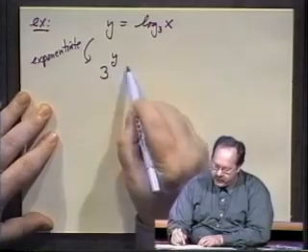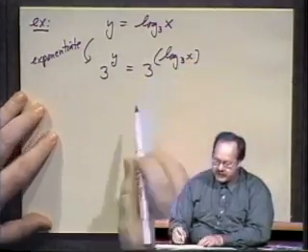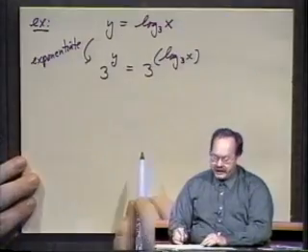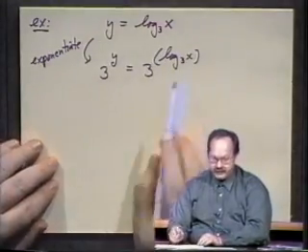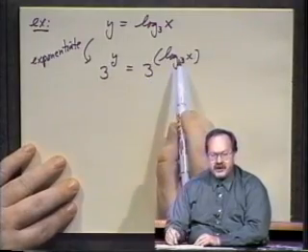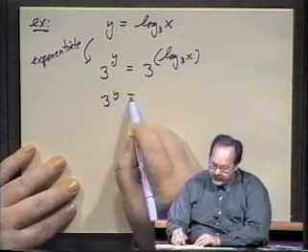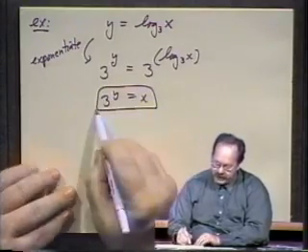So 3 to the y equals 3 to the log base 3 of x. So I've raised both sides up by exponentiating with the same base. Now by design, on the right-hand side, I have exponentiated and logged to the same base, so I get back x. So I have 3 to the y equals x, and I'm done, because that's all I wanted to do here.